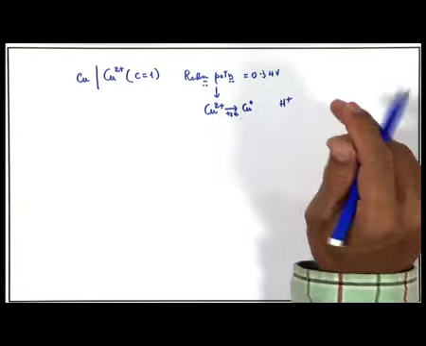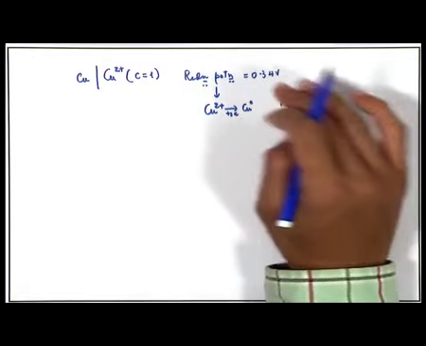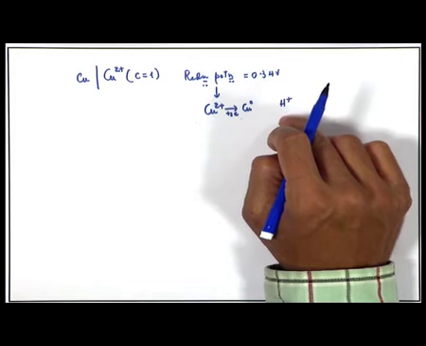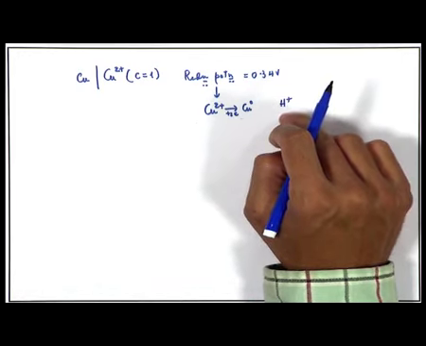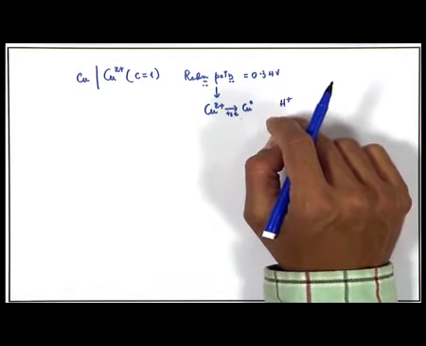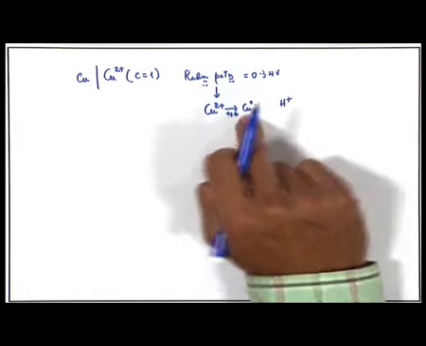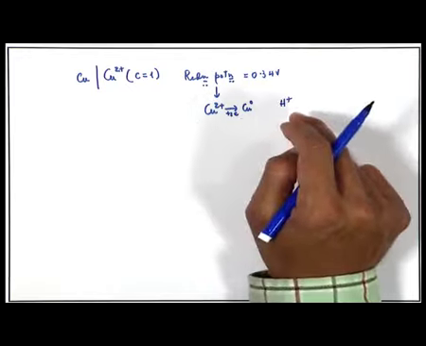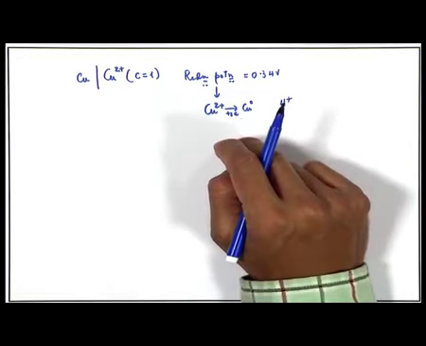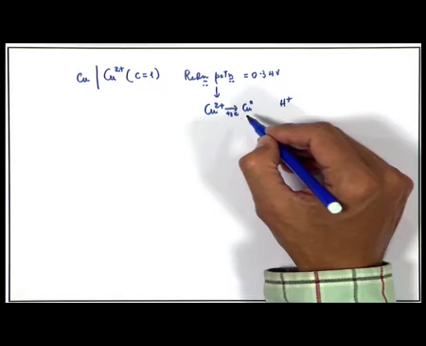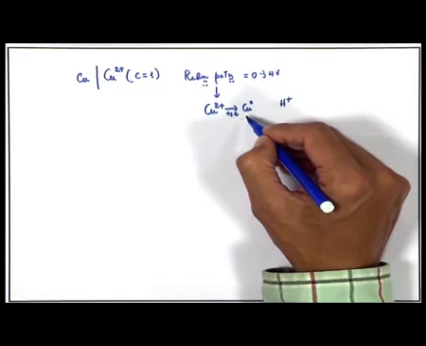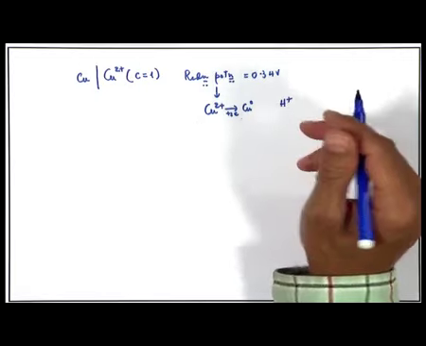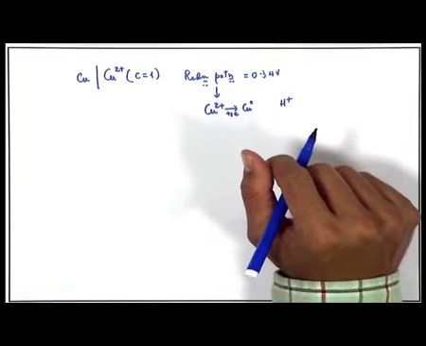Because we are estimating with respect to the hydrogen electrode. That means H+ cannot oxidize copper under the standard condition as stated. That is why copper does not dissolve in HCl under normal conditions.